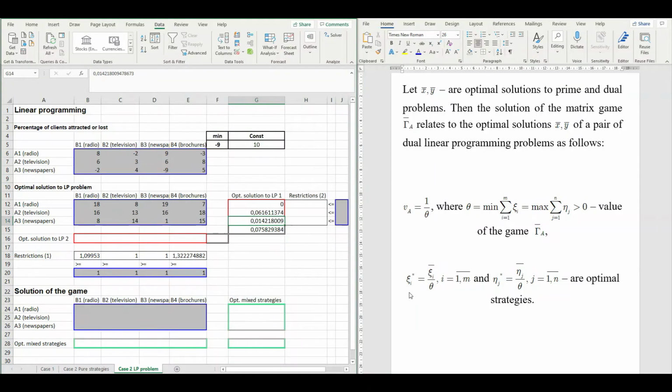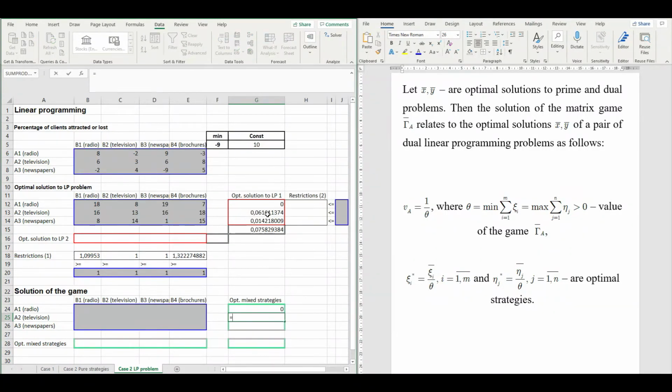And now we should calculate the elements of the optimal strategy of the first player according to this fraction. And the first element of the optimal strategy, Xc1 star, we will find in the cell G24. So we consider the fraction Xc with line 1 over theta, and it is 0. And let's calculate the second element of the optimal strategy of the first player.